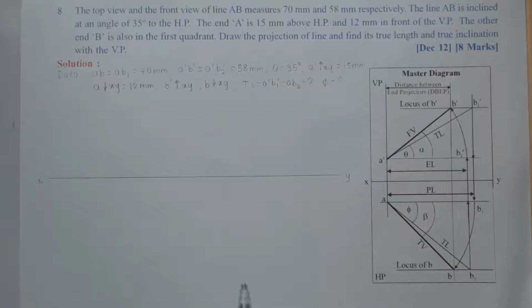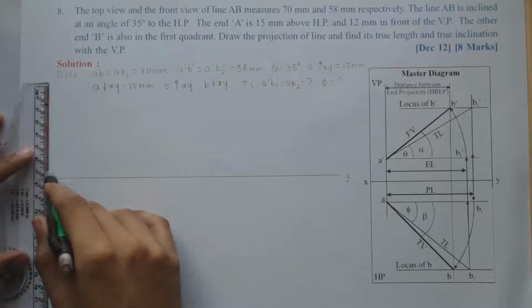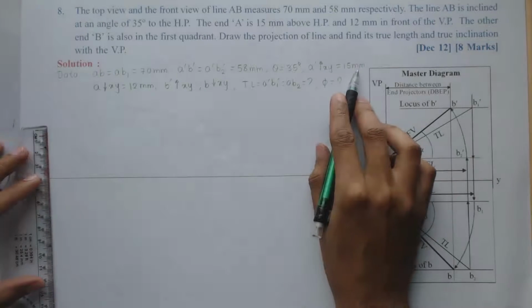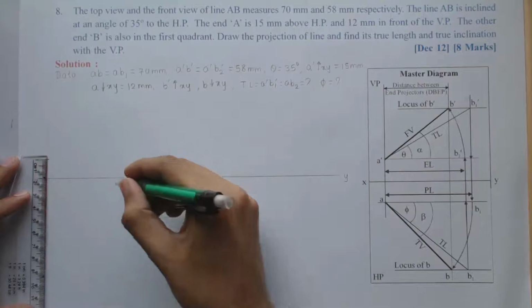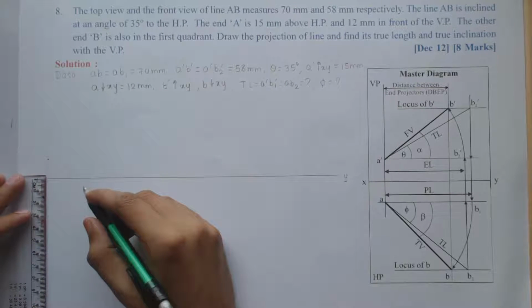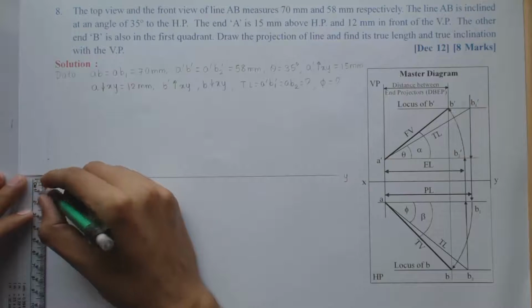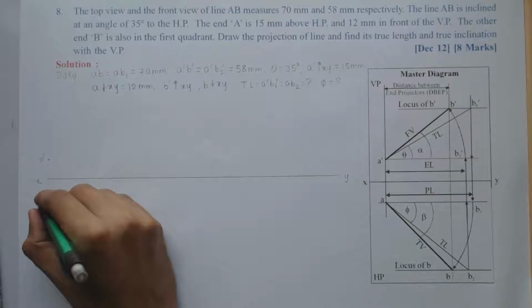Now I'll start with the position of A dash and A. So for that I need to draw a perpendicular to XY, which is the vertical projector on which both the points A dash and A are going to lie. So we know A dash is 15 mm above XY. So I'll mark that point A dash and A is 12 mm below XY. So I'll mark A 12 mm below XY. So we have marked A dash and A.